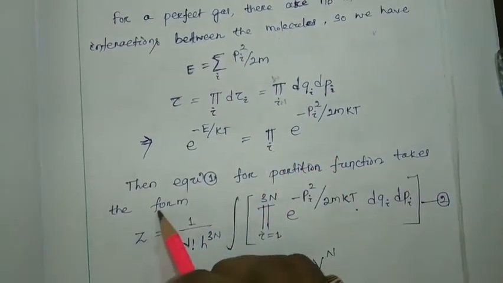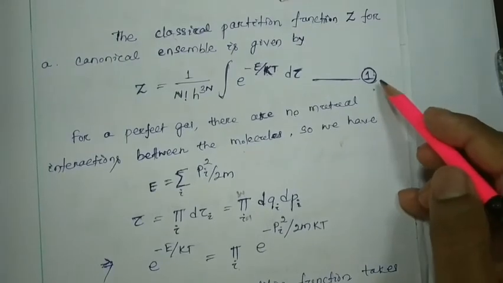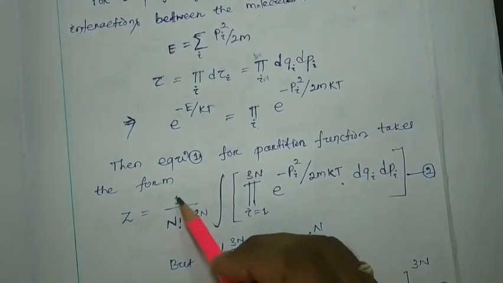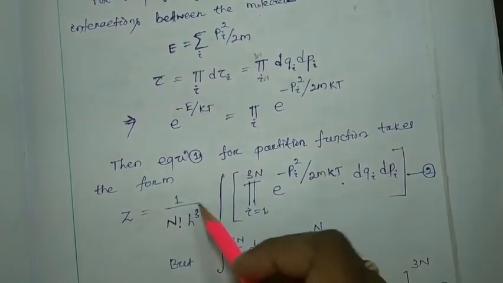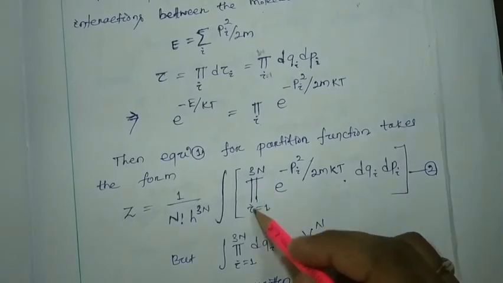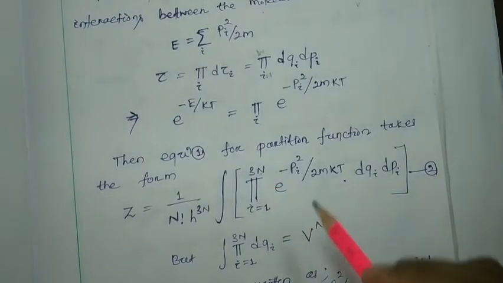So now equation number 1 will be: 1 by n factorial h to the power 3n, which is a constant, times the integration over the product from i equal to 1 to 3n.